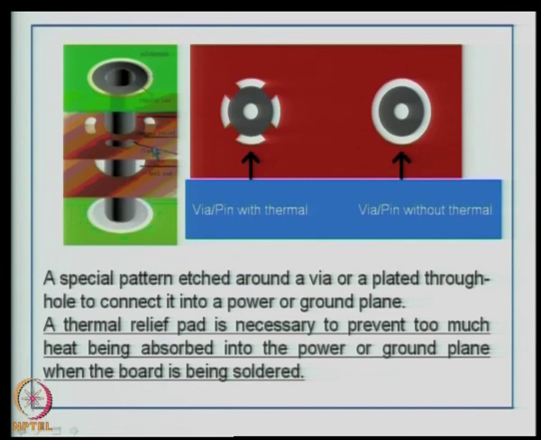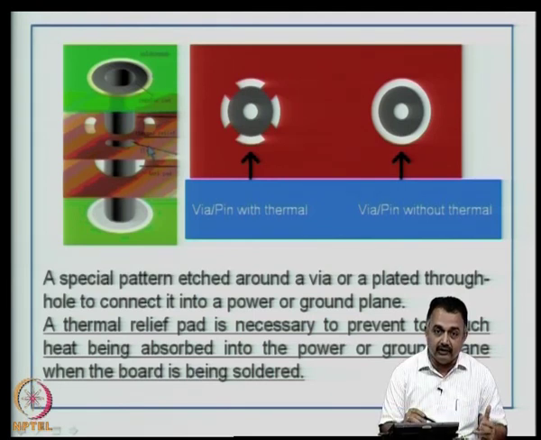Now, when the heat is easily absorbed, the solder is not melting at the right temperature. You are now increasing the soldering tip temperature intentionally to make the solder melt, but this is more than that required for actually soldering the component. What happens is that your structure gets damaged, your board gets damaged, your component gets damaged.